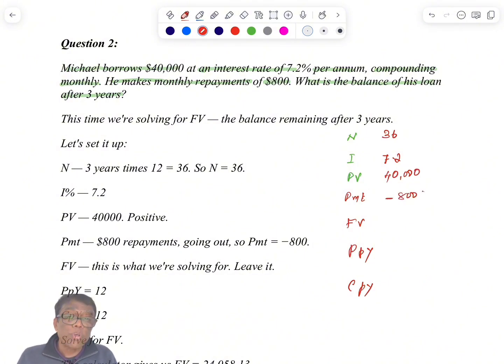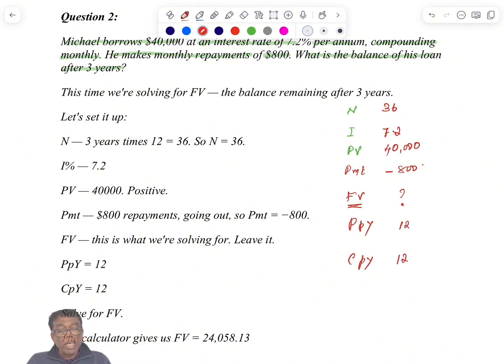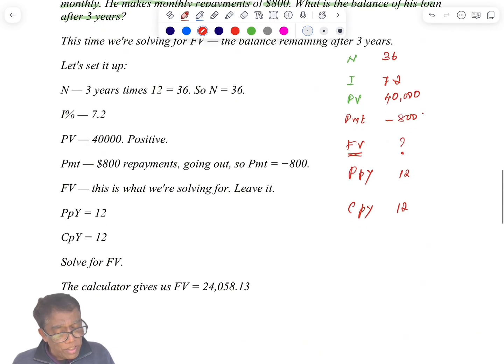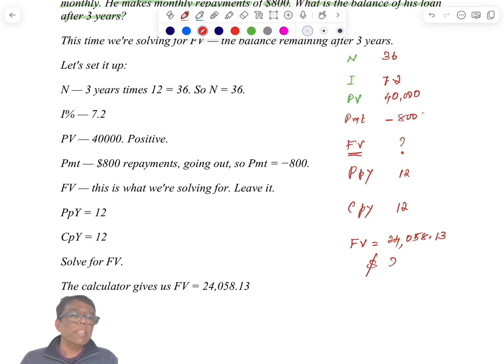We have to calculate FV. PPY is 12. Now we use the calculator. If you use the calculator, the FV value is 24,058.13.